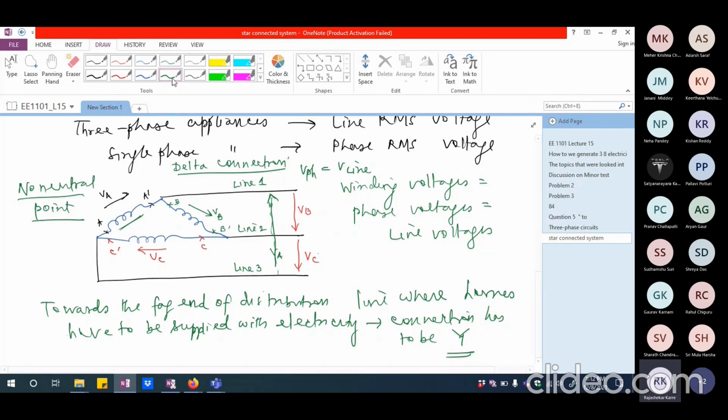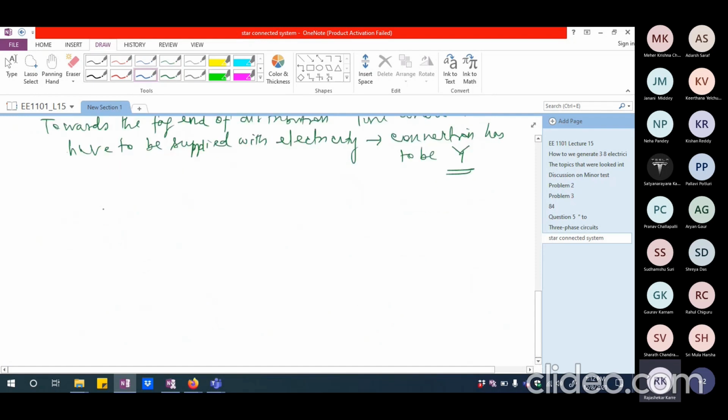But look at the current though. If I am going to have a current which is IA in this direction and IB in this direction, this current in I line 1 will be equal to IA minus IB. Okay, so the same argument holds good. If I am going to have, let us say, IA like this, IB like this, and IC like this.